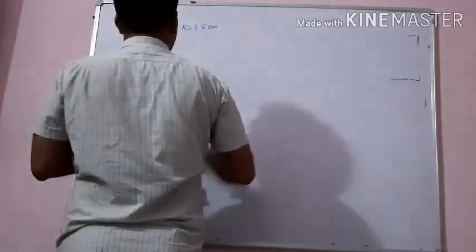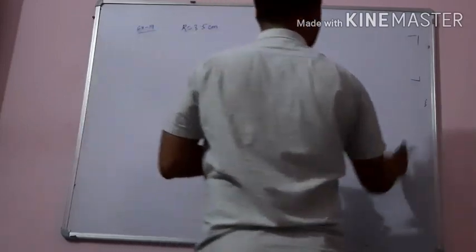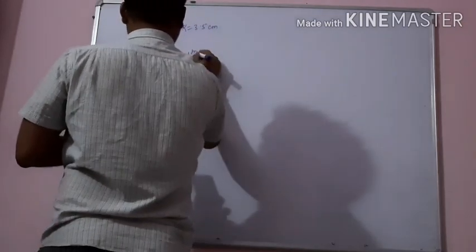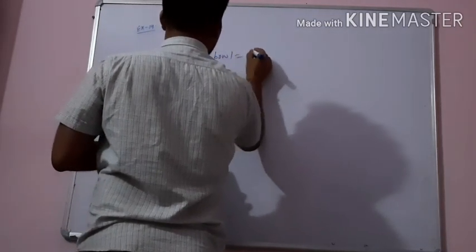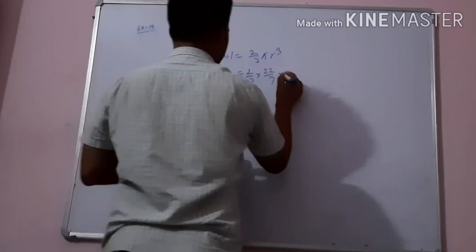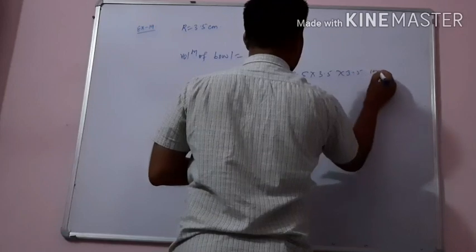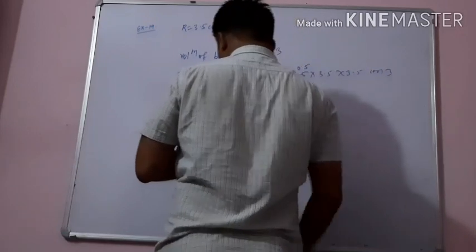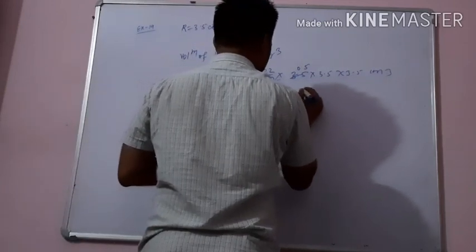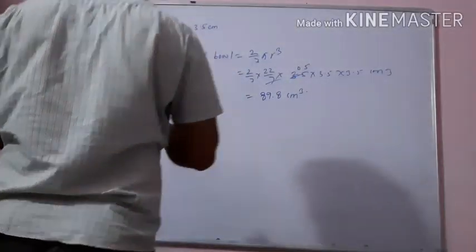Now, the shape is a hemisphere, so in this case we will use the formula of a hemisphere. The volume is 2 upon 3 pi r cube, that is 2 upon 3 multiply 22 upon 7 multiply 3.5 multiply 3.5 multiply 3.5 centimeter cube. The volume will be equal to 89.8 centimeter cube.